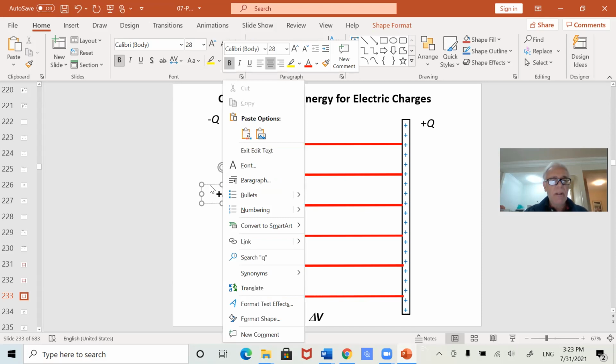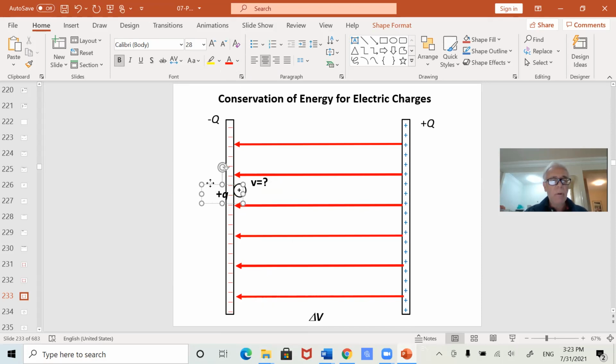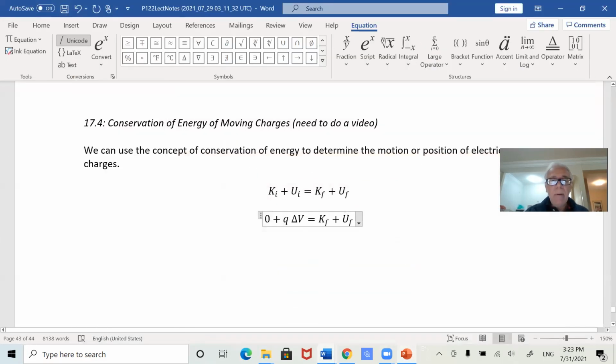The value of the charge didn't change throughout the motion, and I want to find the final velocity. At this point here, the charge spent all its potential energy, and its electric potential at this spot is going to be 0. Consequently, we have the final electric potential being equal to 0.